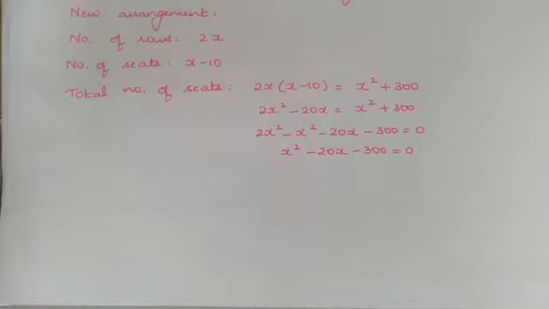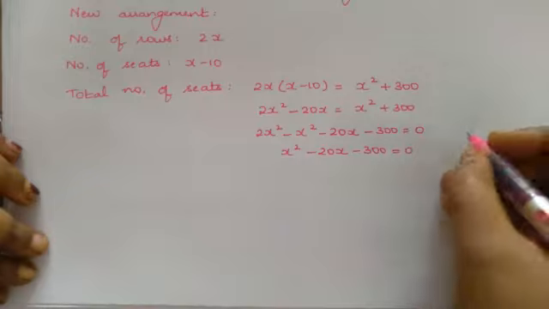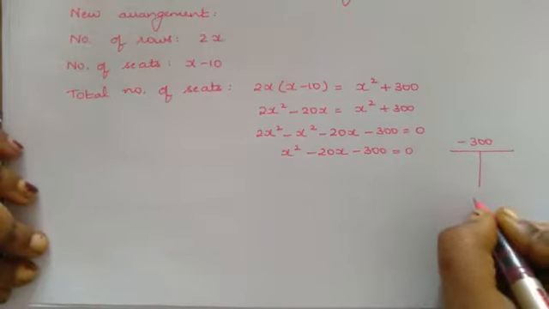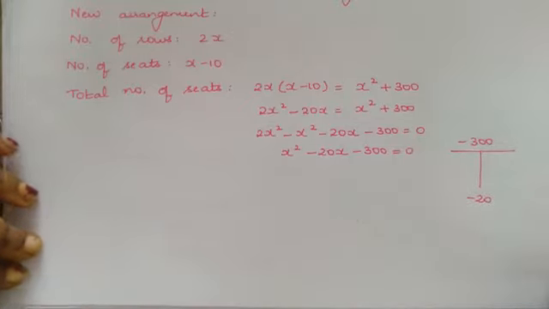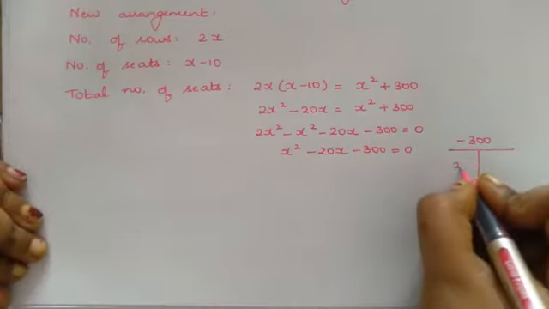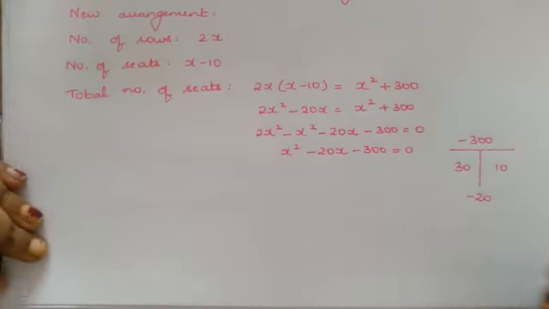Now we are supposed to solve this quadratic equation. We need minus 300 as the product of two numbers and minus 20 as the sum of two numbers. Since this case is with multiples of 10, let's do easy multiplication. 30 into 10 is 300, and 30 minus 10 is 20.